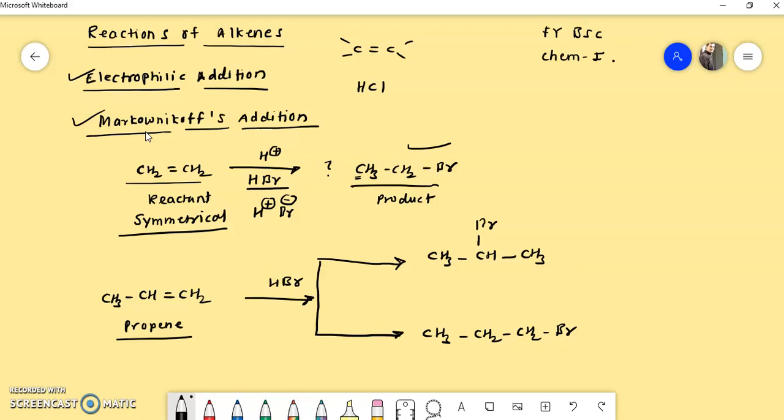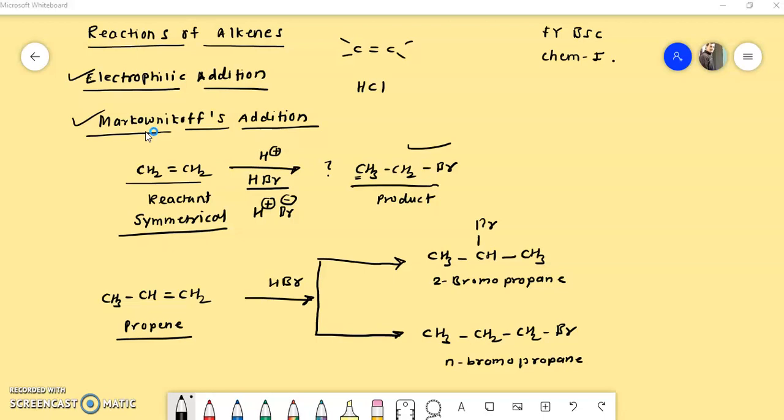So either you will get this product or that product. What is the name of this product? It is 2-bromopropane. And this product is n-bromopropane, or simply 1-bromopropane. So these two products are possible here.